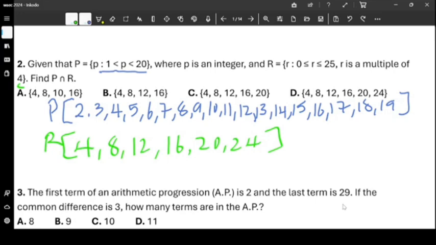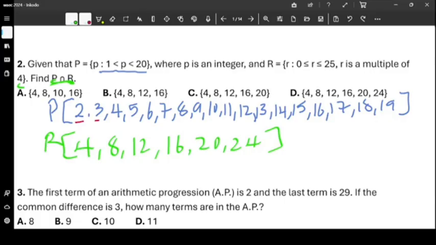The question tells us to find P intersection R. What P intersection R means is just look for the elements that are present both in P and in R. So if you look at it, we have 2 here, but you cannot find 2 in R. There's 2 here, but there's no 2 downwards. There's 3 here, there's no 3 downwards, like that.